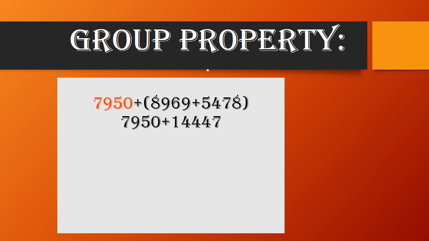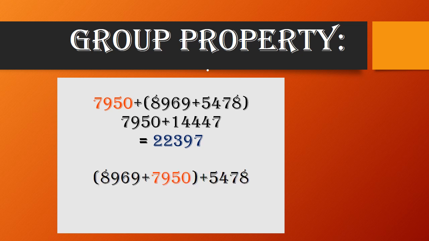You will get the answer of these two numbers as 14,447. Now with that sum you add 7,950. You will get the answer as 22,397.